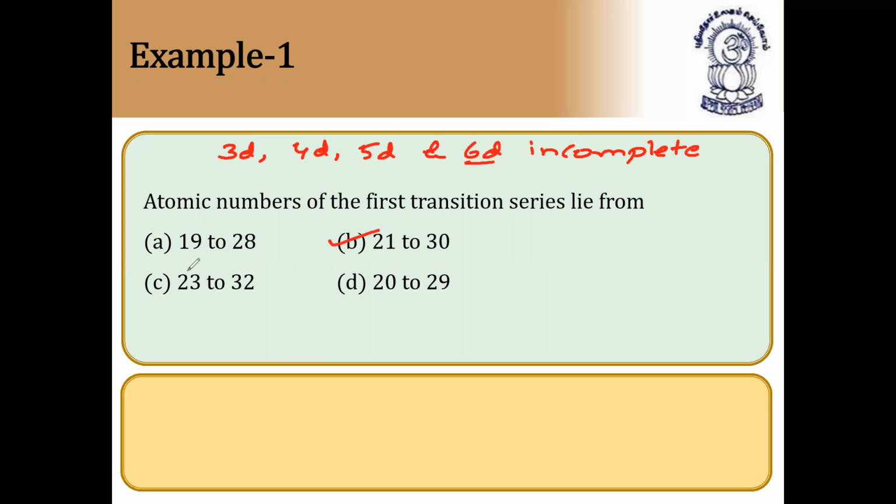So answer is B. First transition series is 3D, and it lies from atomic numbers 21 to 30, that is scandium to zinc. Scandium atomic number is 21, and zinc atomic number is 30. This is the answer for this question. So answer is B option. Next question.